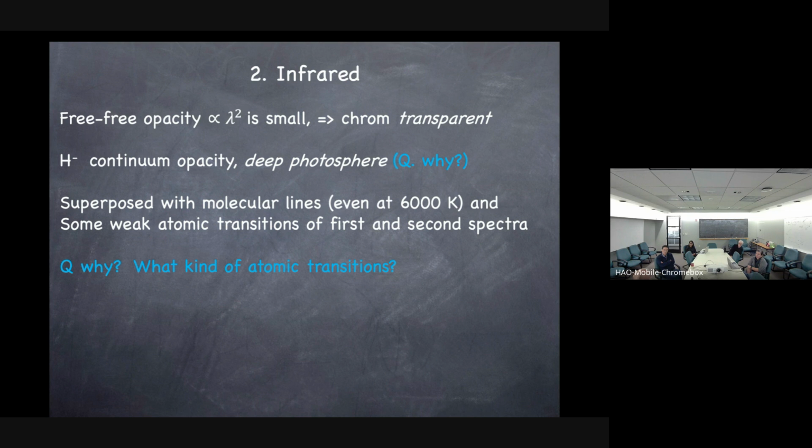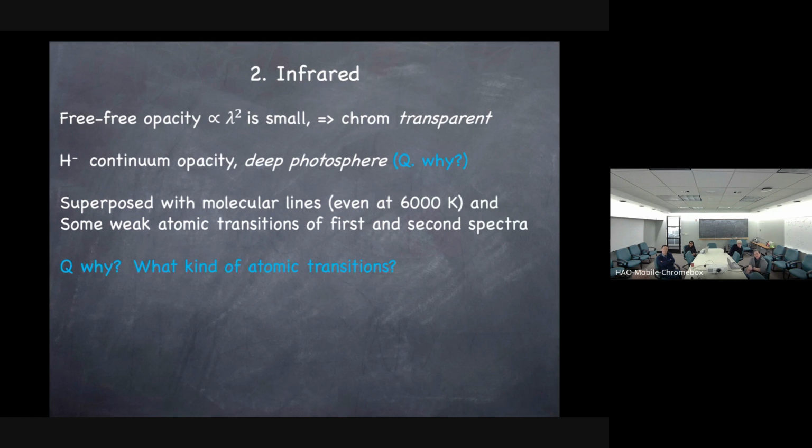So it's got to happen deep down. Because if we go up higher in the atmosphere, NH and NE drop like a rock exponentially with height. And so it's got to be deep photosphere. Okay, these are the arguments. I'm just telling you that these are the arguments from what we talked about in recent months.